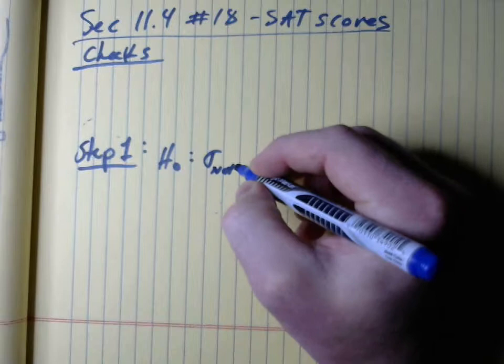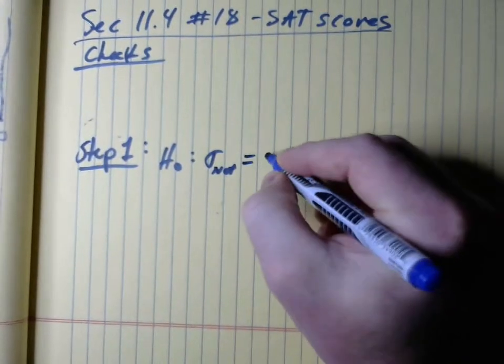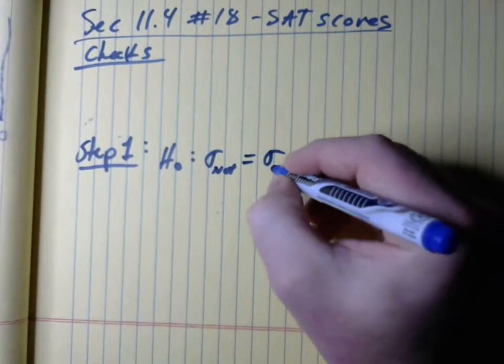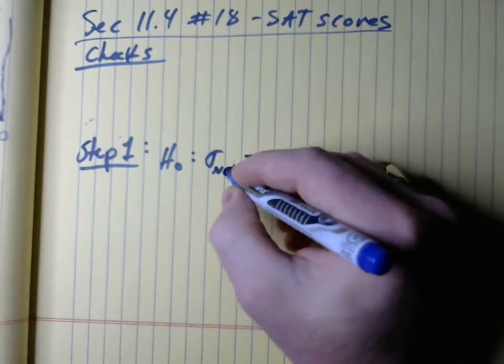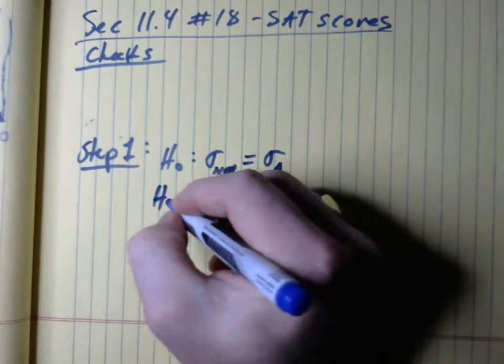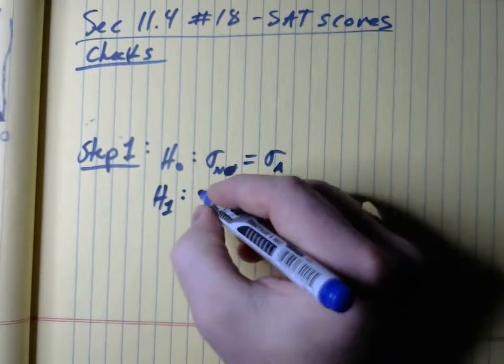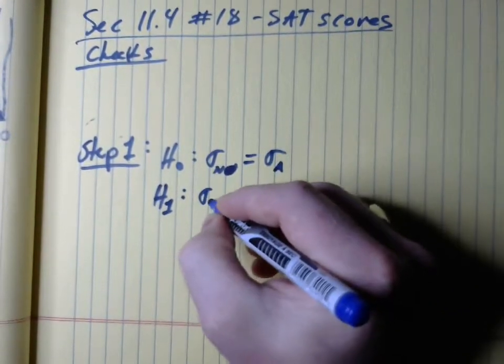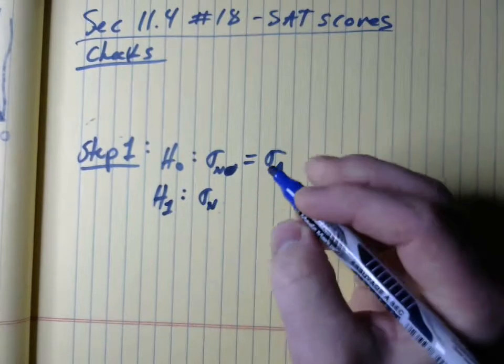So standard deviation of not apply equals standard deviation of apply. So let's just use N and A. Not apply and apply. An alternative hypothesis would be standard deviation of not apply is greater than standard deviation of apply.